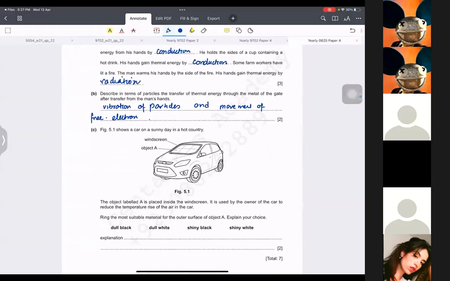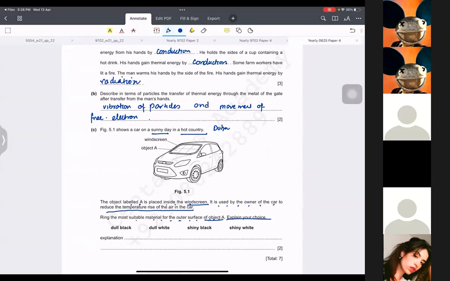Then it says this car is parked on a sunny day in a hot country. The object labeled A is placed inside the windscreen. It is used by the owner of the car to reduce the temperature of the air inside. Ring the most suitable material for the outer surface of object A and explain your choice.